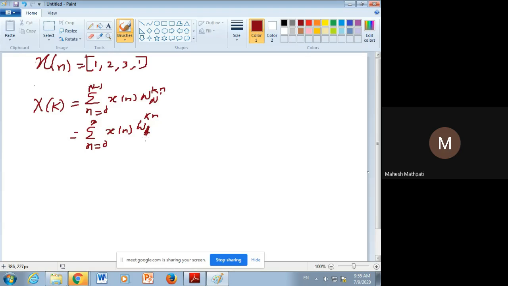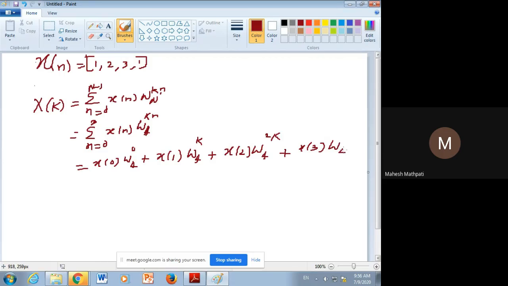Okay, this is 4. Now, so this can be expanded as, which will be equals to x of 0 multiplied with w4 to the power 0 plus x of 1 multiplied with w4 to the power k plus x of 2 multiplied with w4 to the power 2k plus x of 3 multiplied with w4 to the power 3k.